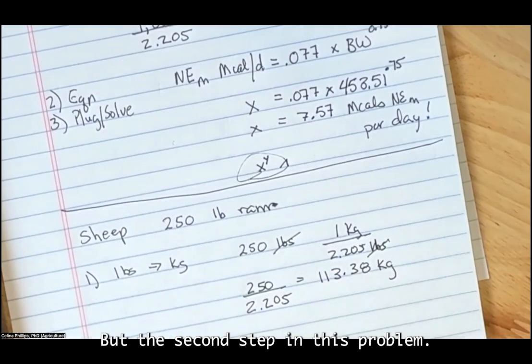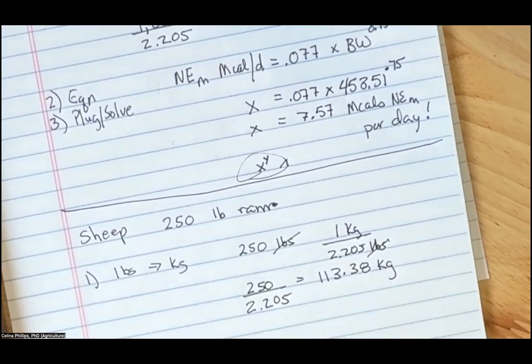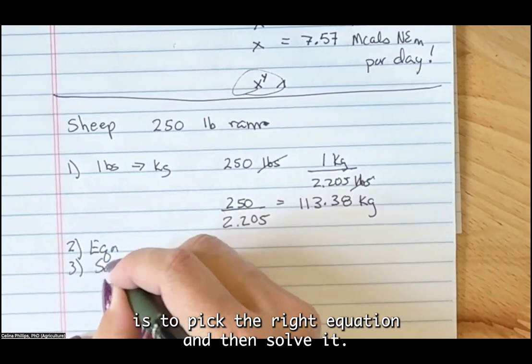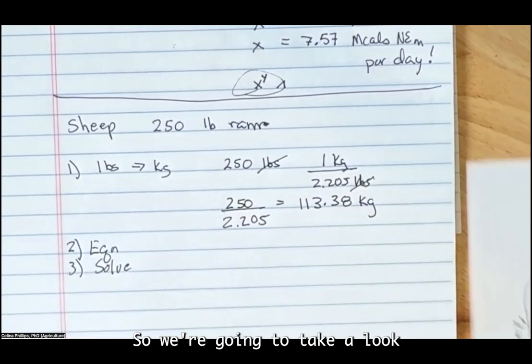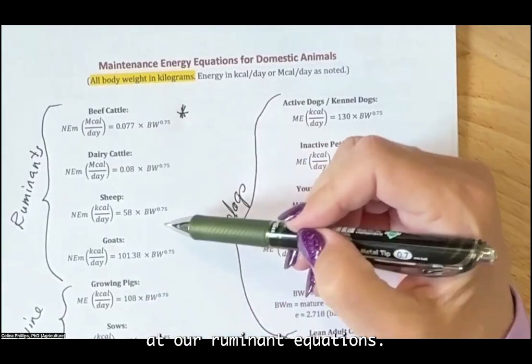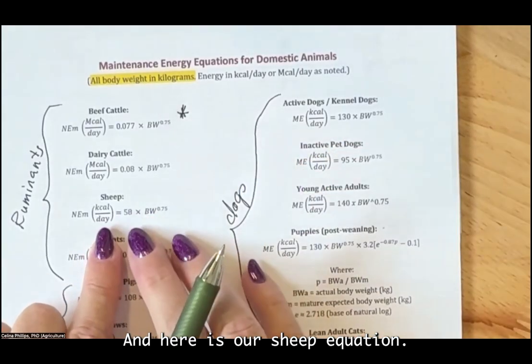But the second step in this problem is to pick the right equation and then solve it. So we're going to take a look at our ruminant equations, and here is our sheep equation.